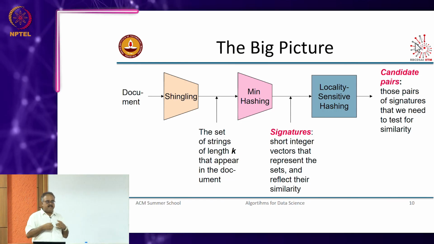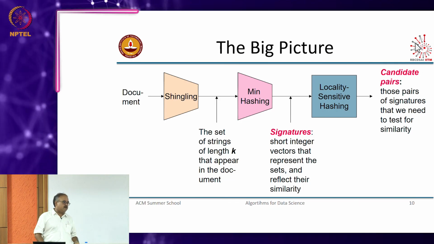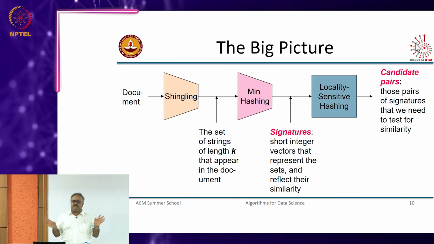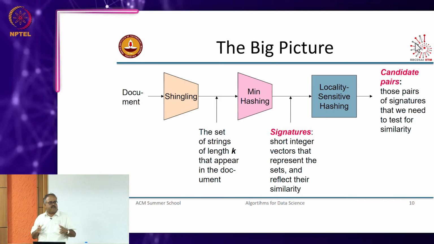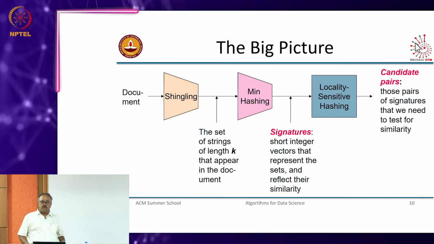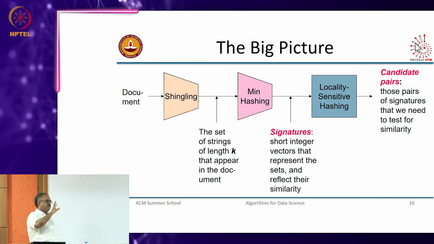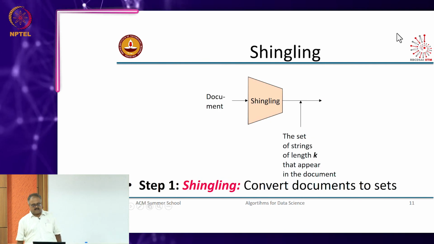So I will return candidate pairs, and then you have to do an explicit check if you are not tolerant to false positives. If you can tolerate some small fraction, say 3% or 4% of false positives in your answer, then fine, you can just keep it as it is. But if you want 0 false positives, if I say these two are similar, then I want to make sure they are similar, then you basically run your actual similarity checking algorithm.